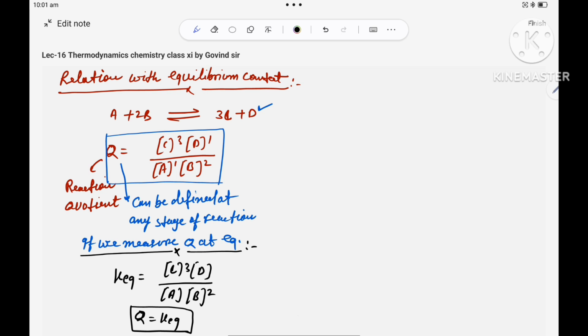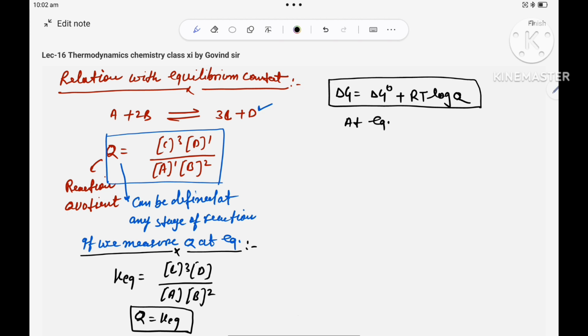So what we know, that delta G relation we know: delta G is equal to delta G naught plus RT log Q. So at equilibrium, children, Q is equal to equilibrium constant, and at the equilibrium delta G value is 0.